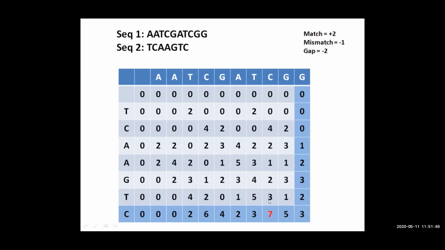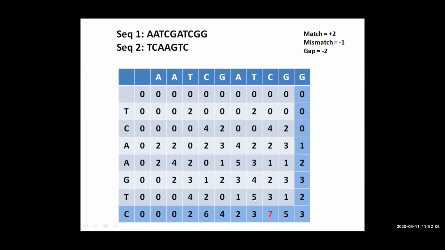If we consider this cell, the value from this cell will be 3 minus 2 is equal to 1. Similarly, it will also be 1 from here. So it cannot be obtained from either the upper cell or the left cell.